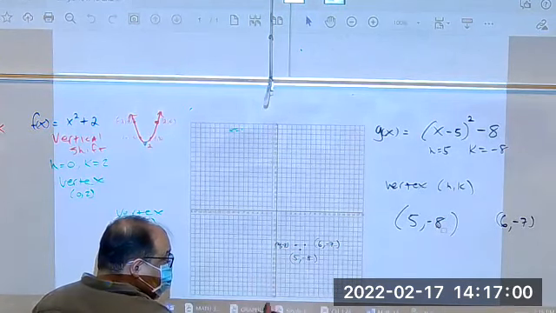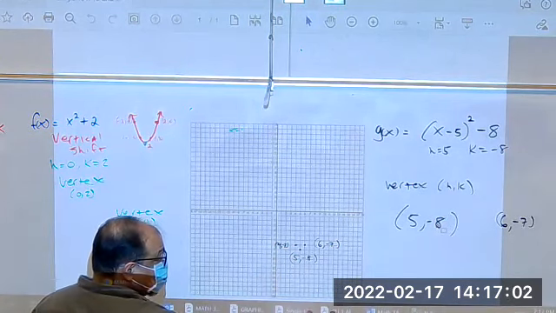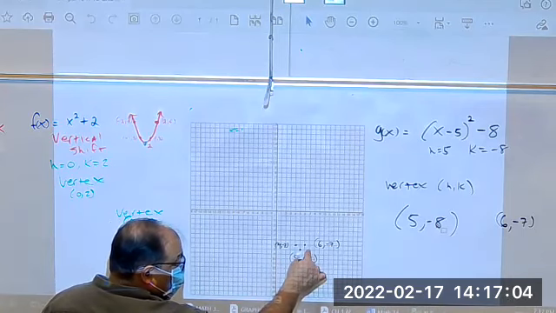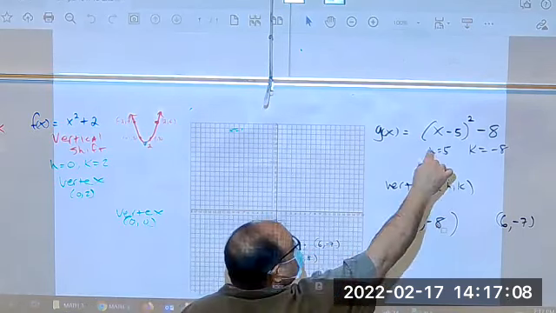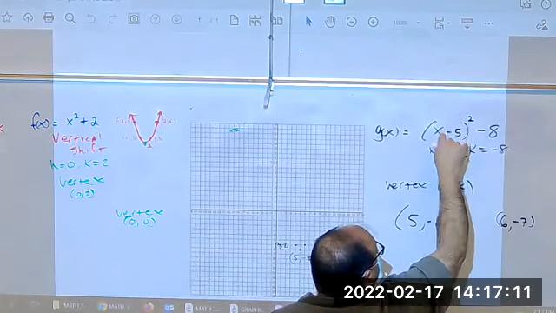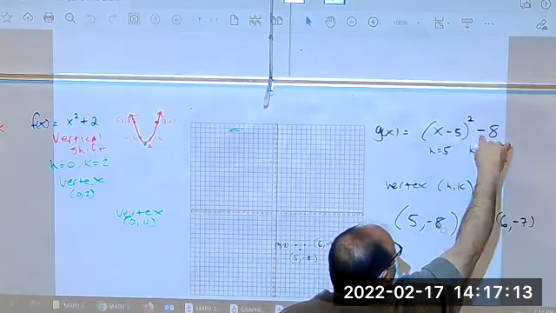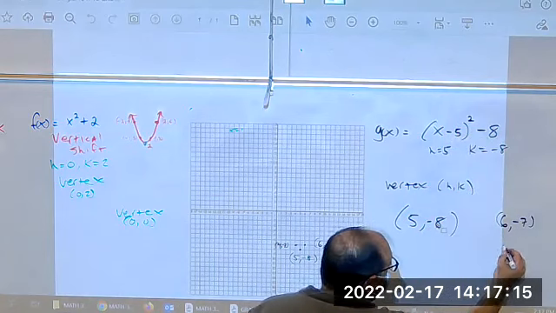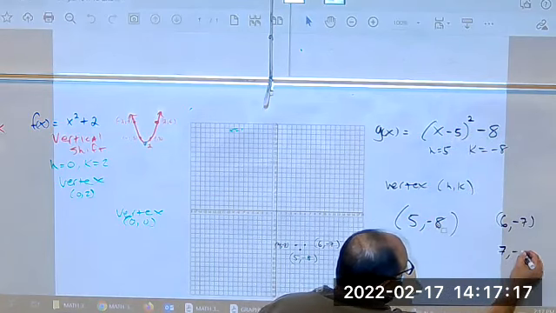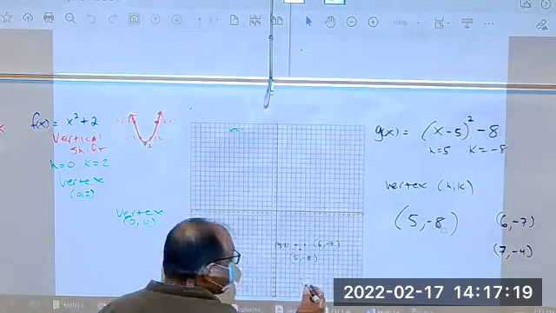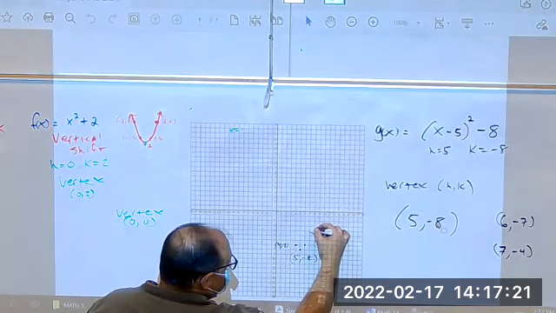Now, that's got symmetry, but for accuracy, let's go 1 more to the right. If this is 5, let's plug in 7. 7 minus 5 is 2. 2 squared is 4. 4 minus 8, negative 4. So if we plug in 7, we get negative 4.